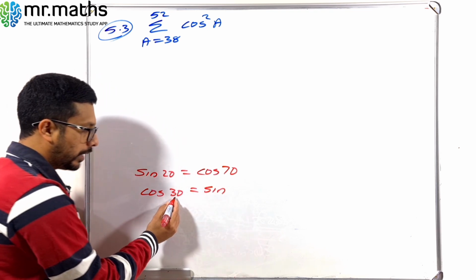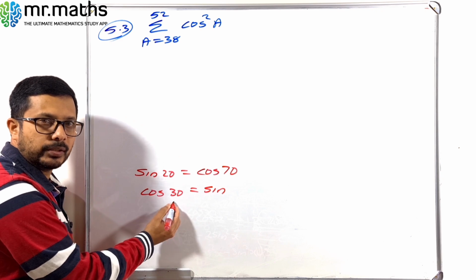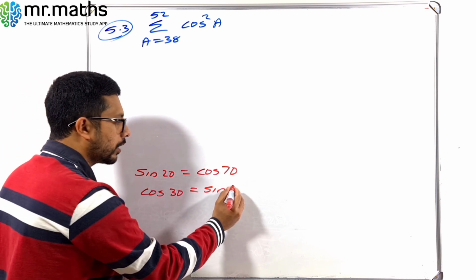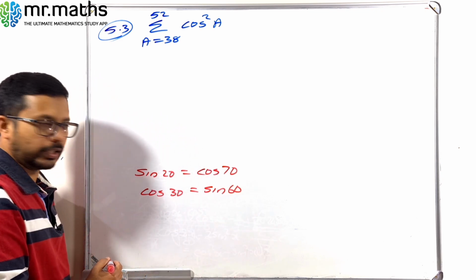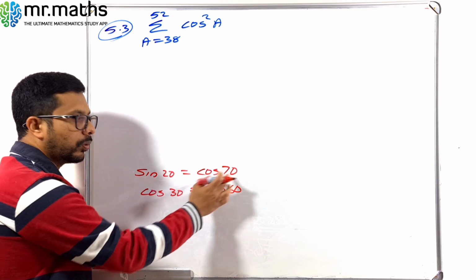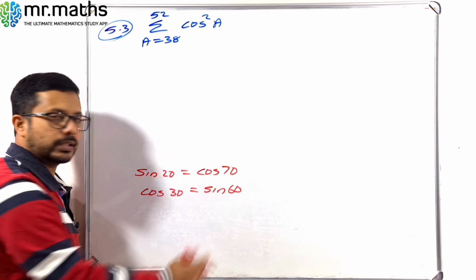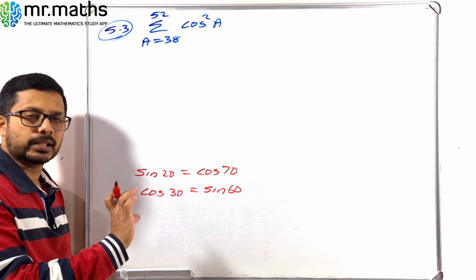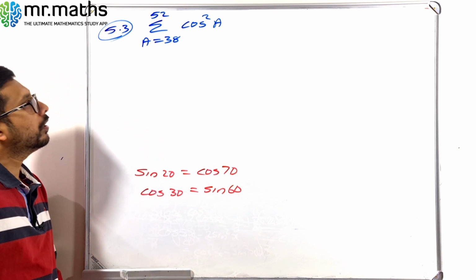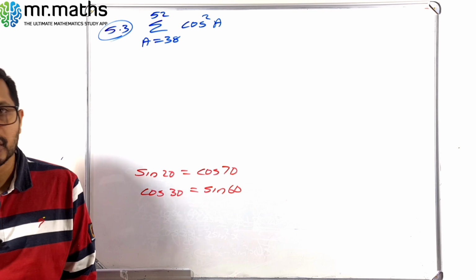Sin of 90 minus 30. You have to check what is 90 minus 30. 60. So sin of 60. Okay, so sin 20 is the same as cos 70, or cos 30 is the same as sin 60. You can convert sine and cos like that. Keep that one in your mind.